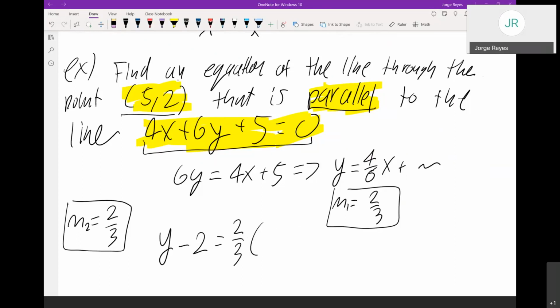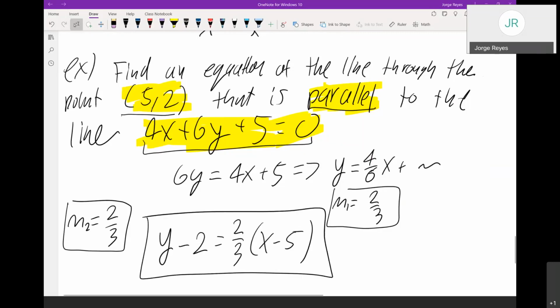Oh, just kidding. x minus 5. Okay, and then this is the answer. If you wanted, you can put it in y-intercept form also. So this is the other kind of question you'll get, which is to make a line. Okay.